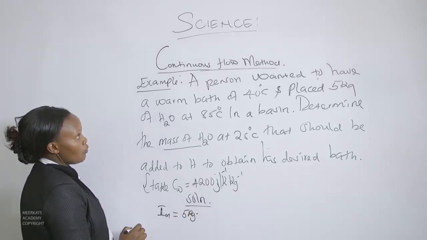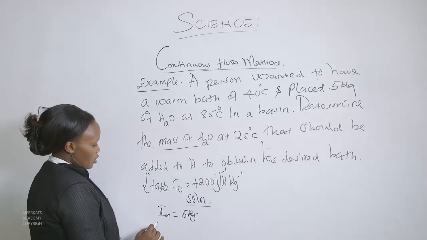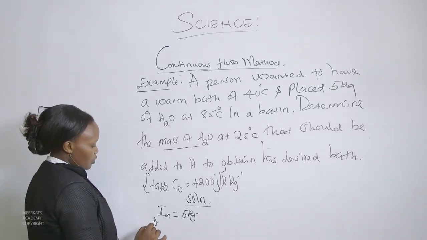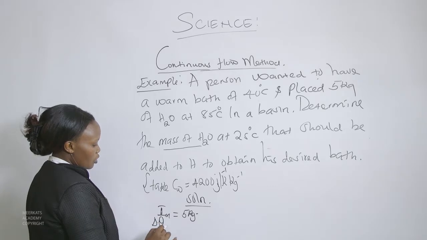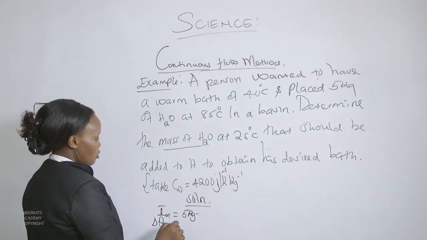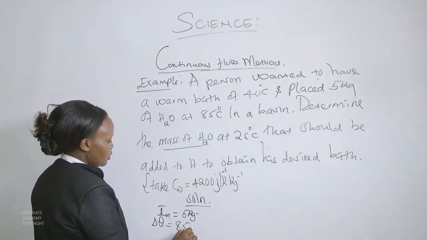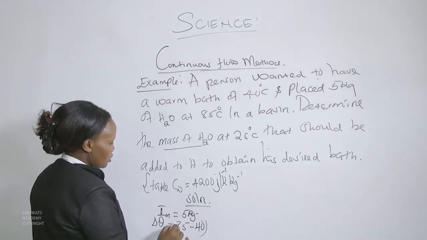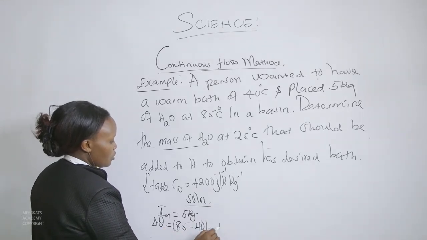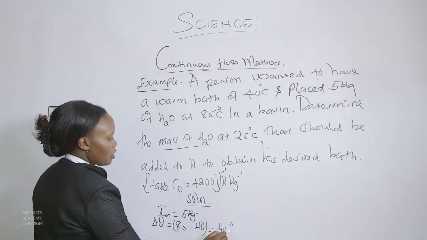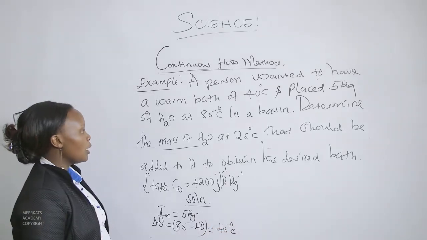From the question, we have been given the initial mass of water as 5 kgs. For the first water, the change of temperature, which we are calling delta theta, should be from 85 to 40 degrees, which gives us a change of 45 degrees centigrade.